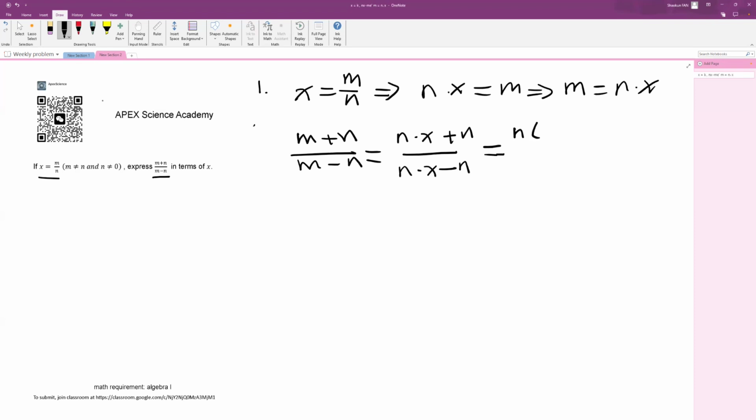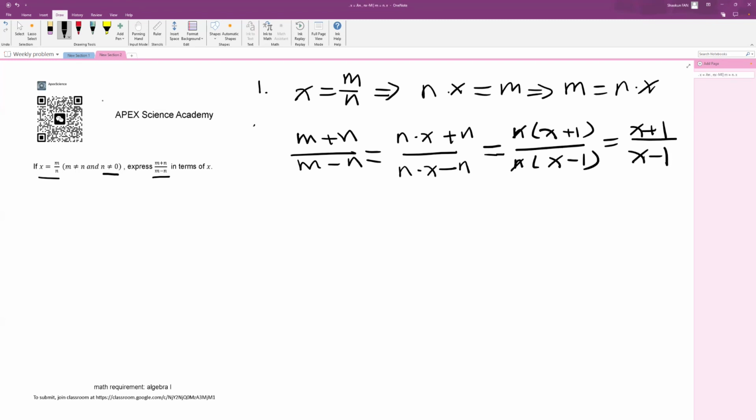So we just move n to the beginning of the expression for both the numerator and the denominator. We have n times x plus 1 for the numerator, and for the denominator, we have n times x minus 1. Since we know that n is not equal to 0, we can cancel n here, and we get x plus 1 divided by x minus 1.